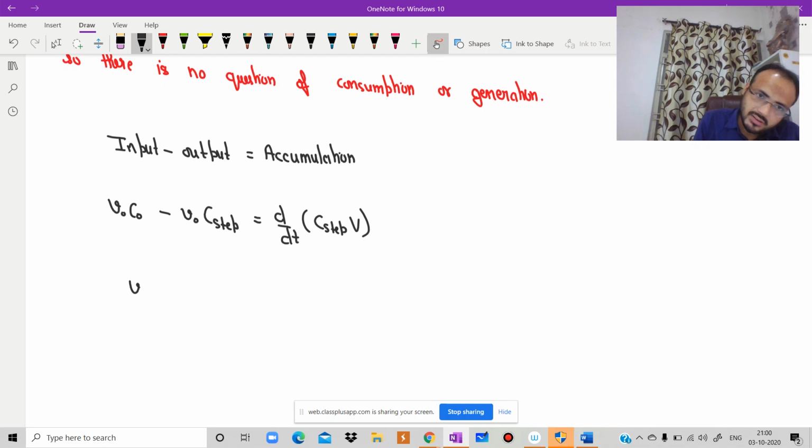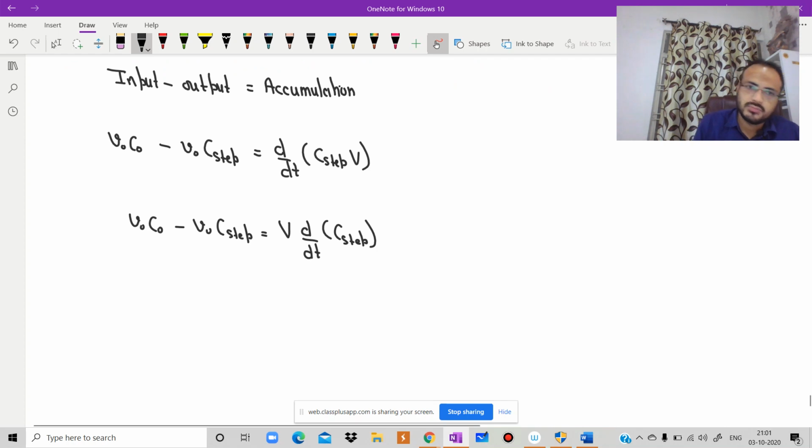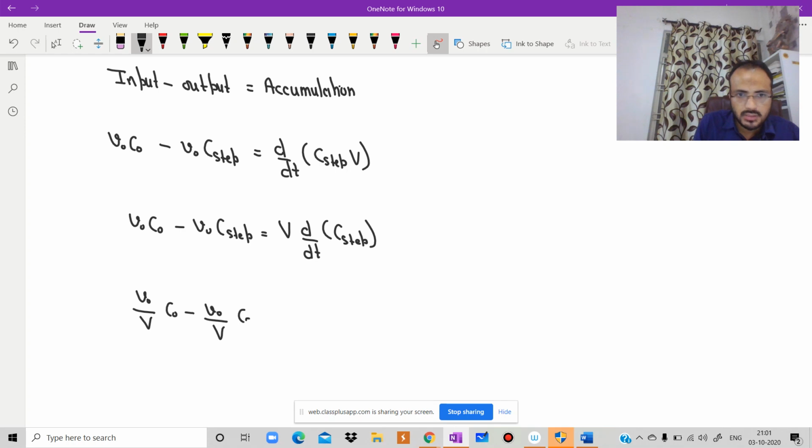So we can write V node into C node minus V node into C step is equal to V into d by dt of C step. Yes or no? Divide both sides by V. V node by V into C node minus V node by V into C step is equal to d by dt of C step. Is it clear?